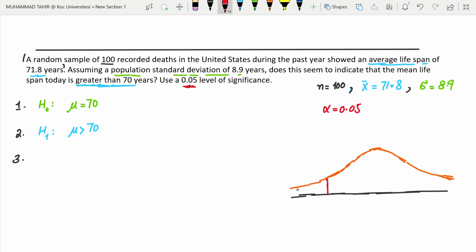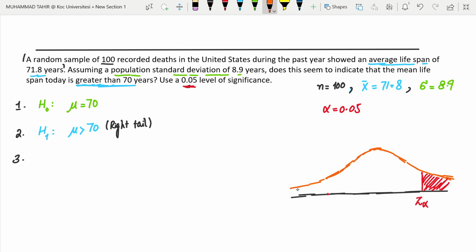Alright, then we have two tails. Oh, sorry, this time I have only one tail because this is a right tail. And this region is the critical region, or this is the critical point z alpha.